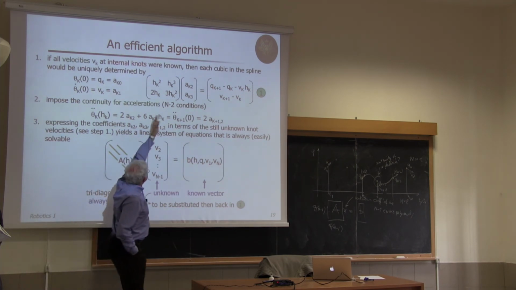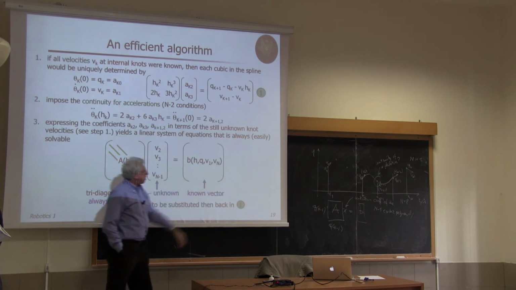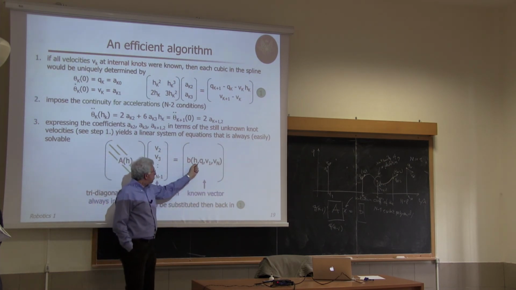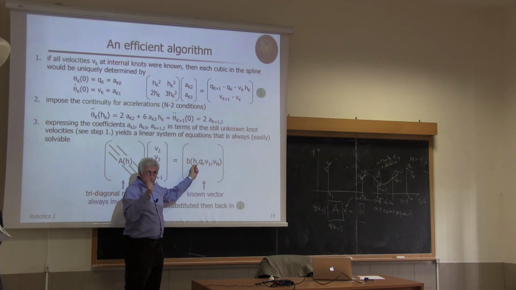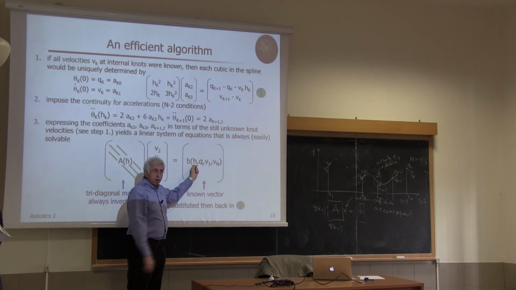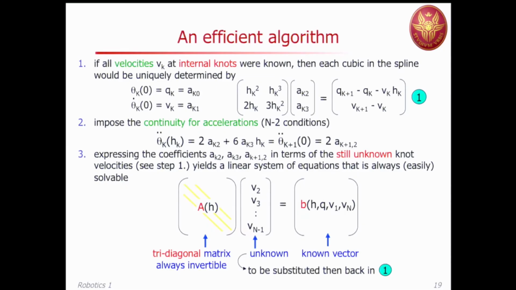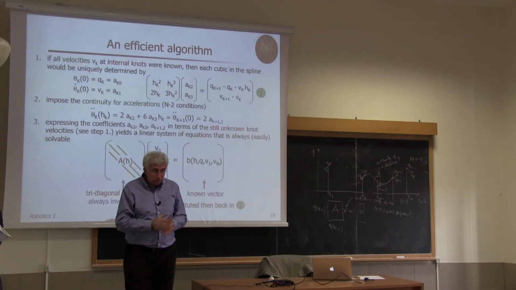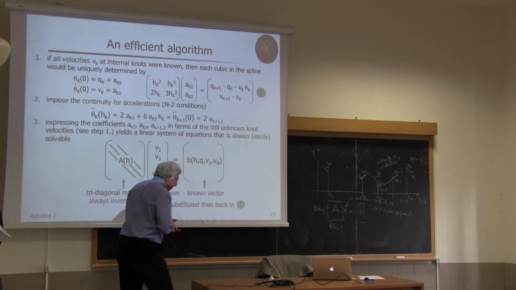And all the known data are brought on the right-hand side. So this includes the h, which are h1, h2, hn minus 1, so the durations of the n minus 1 intervals, the q, q1, q2, qn, plus v1 and vn, which are known because these were given as part of the problem.